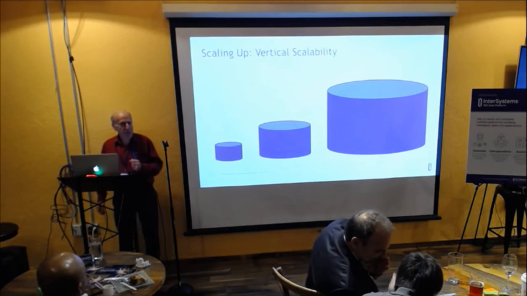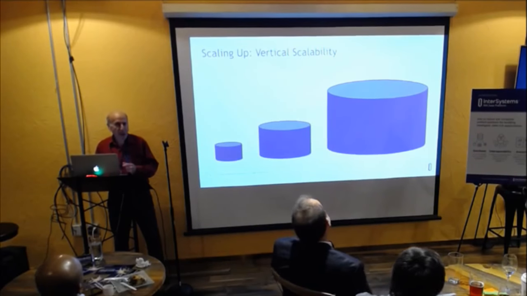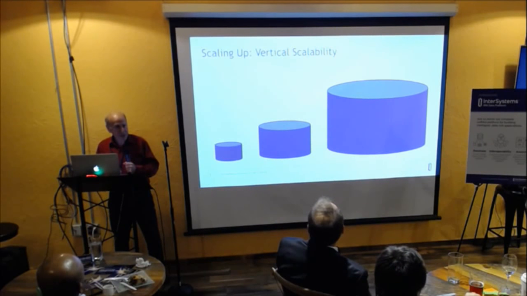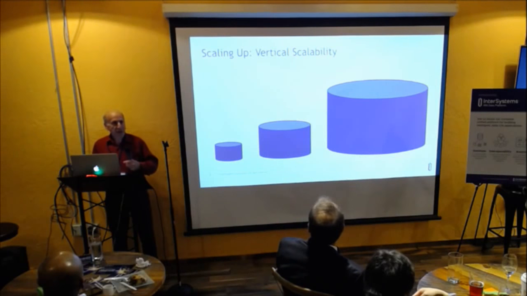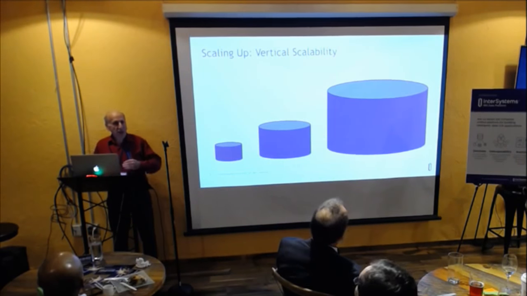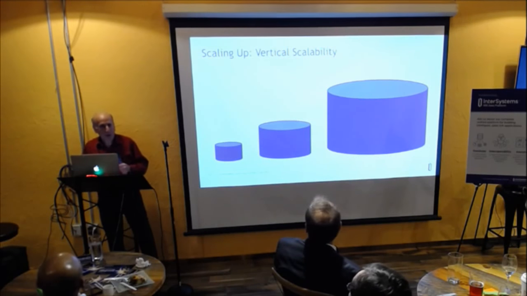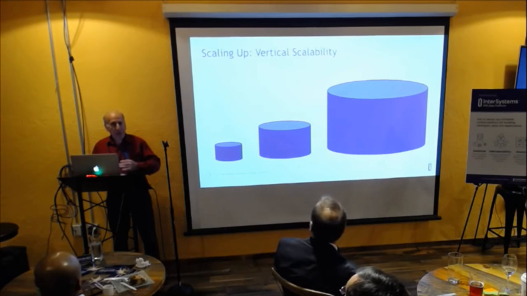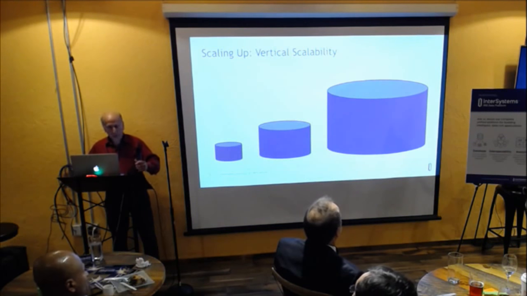First, we'll talk about vertical scalability, which has been around the longest in the industry, and which InterSystems, as I said, has excelled at all along. Vertical scaling is letting you handle larger and larger workloads with greater and greater throughput by increasing the size and power of an individual server.